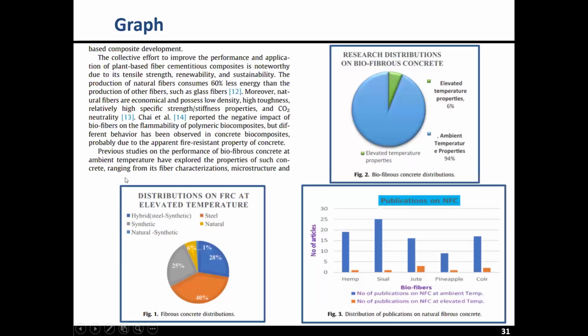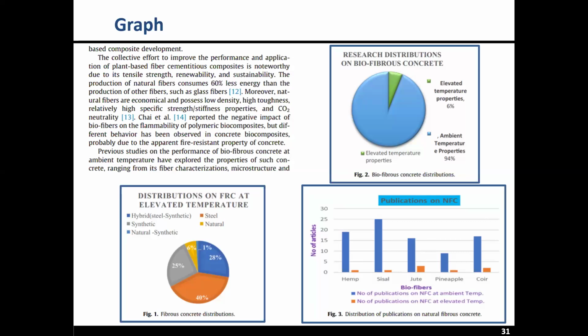And these are all graphs, simple pie charts. Simple charts can be created. For example, you can see figure 2: 94%, 6%. 94% ambient temperature, 6% elevated temperature. Think you are having 100 articles. 94 articles are doing research only on ambient temperature.